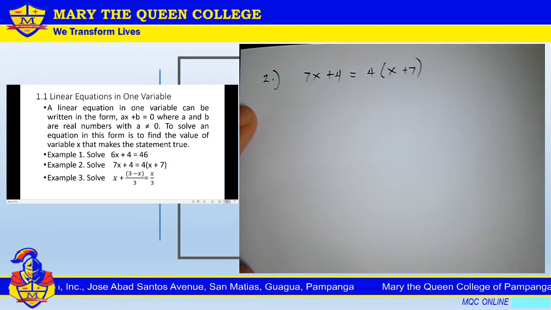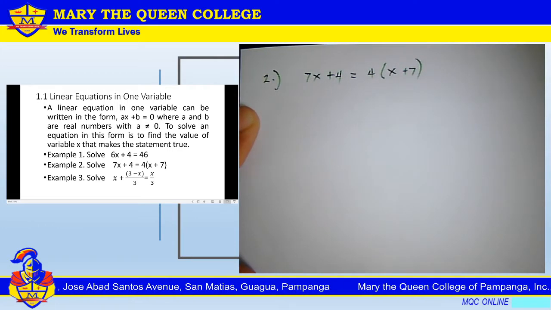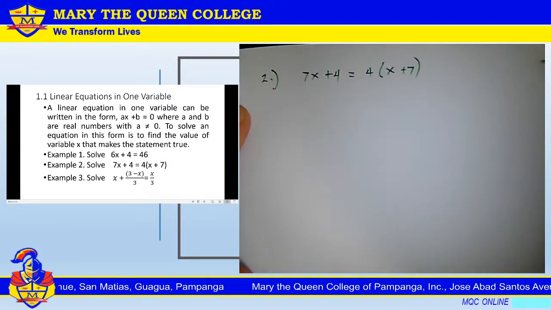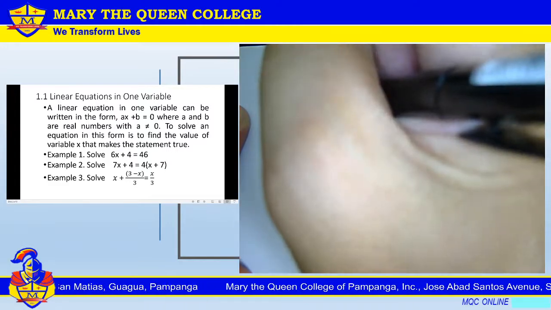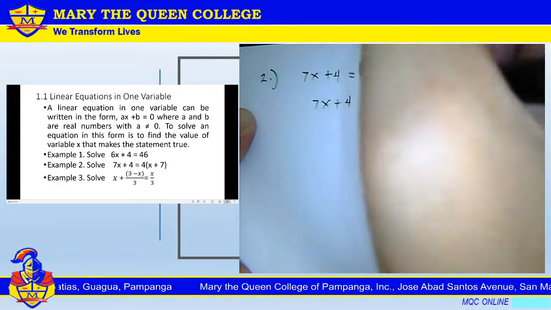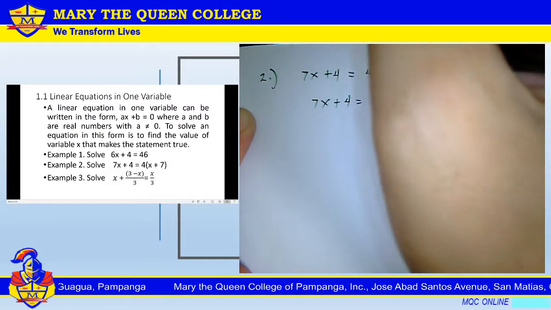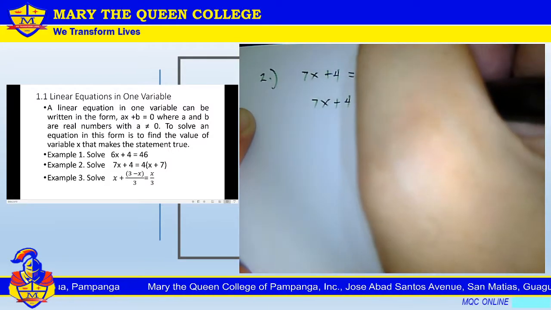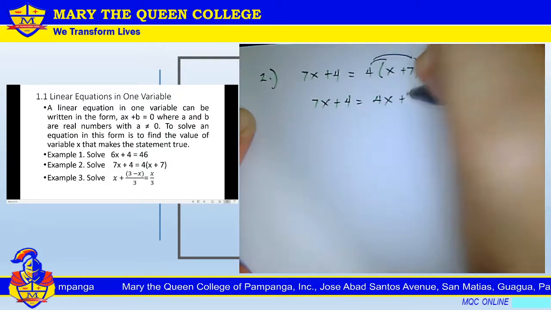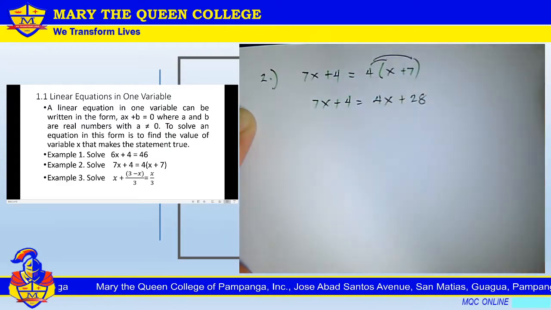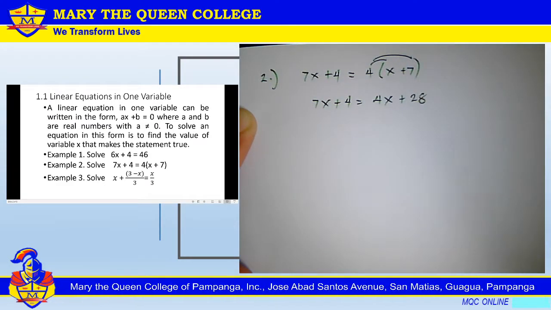I'm sure you still remember how to solve this one. Applying the rule of PEMDAS, parentheses first, you have to remove the parentheses as much as possible. So you will have 7x plus 4 equals, distributing, 4x plus 4 times 7 is 28. Then all the variables must be on the left side.